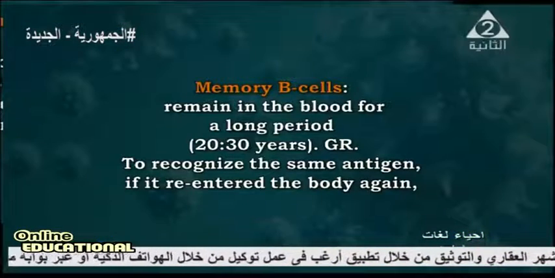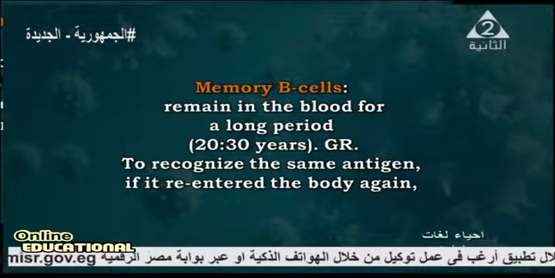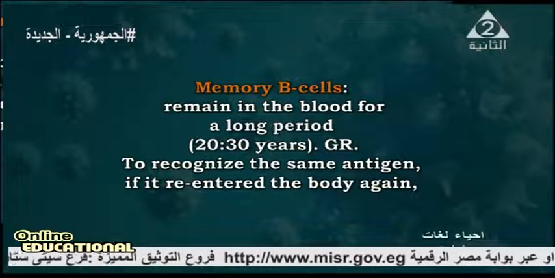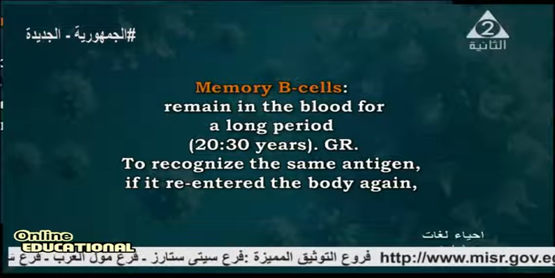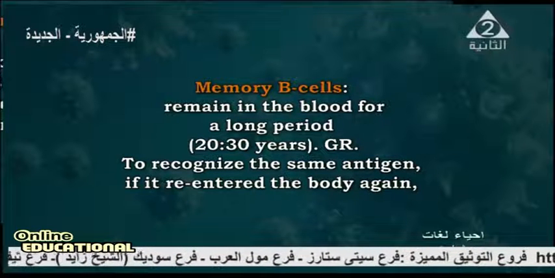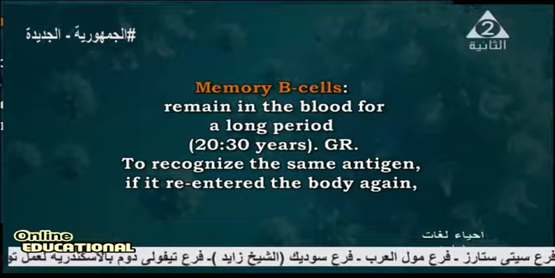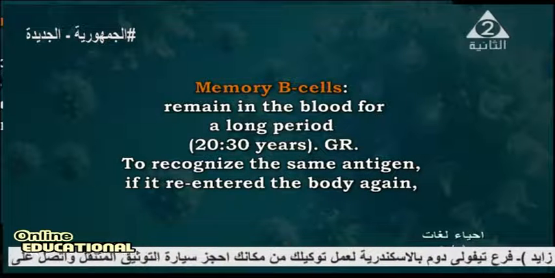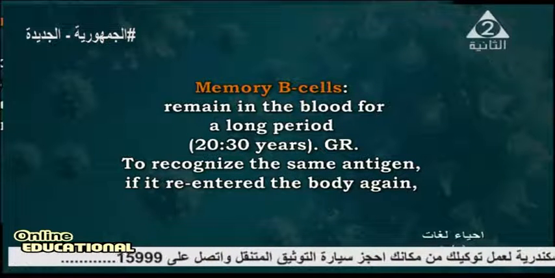Memory B cells remain in the blood for a long period of time, 20 to 30 years. This is to recognize the same antigen if it re-enters the body. Re-entered means it penetrates the human body again.